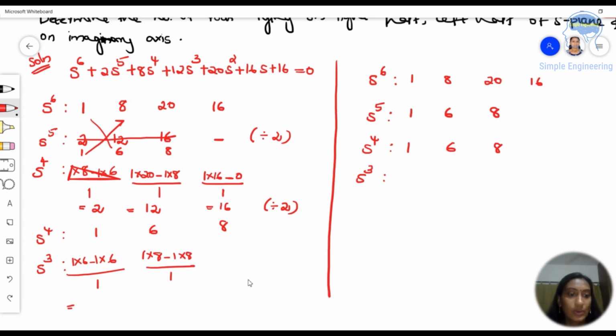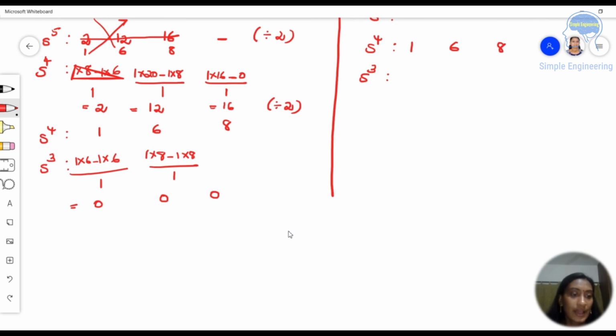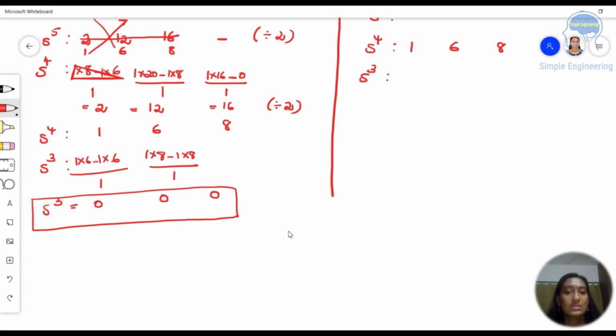So here it will be equal to 0, 0. And next it is 1 into, here you don't have any element, here also you don't have. So this will again be equal to 0. That is your s3, you got it as s power 3 is equal to 0, 0, 0. That is, that full row will be equal to 0.